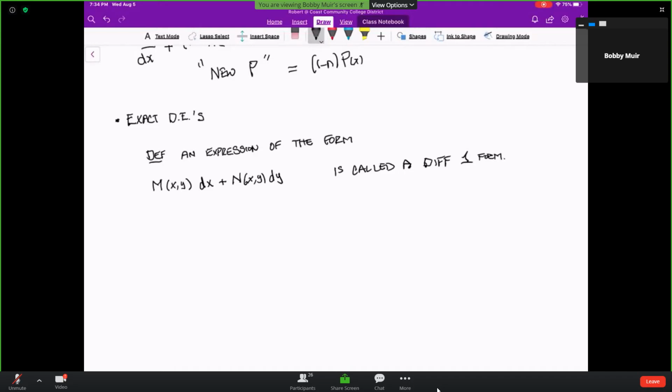Now a 2 form, this is just for Eduardo and the physics major. A 2 form would be something which we call a wedge product, and the way that wedge products operate is they are anti-commutative.